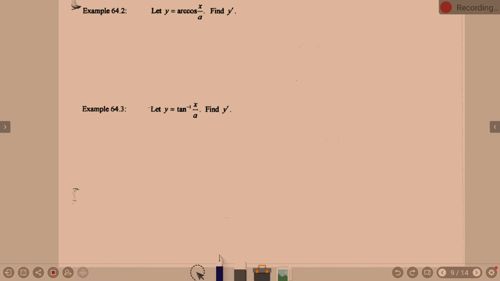Y equals arc cosine of x over a. Find y prime. I'm going to use the same techniques I just did. This one's going to definitely follow what you just saw. So first of all, another way to write arc cosine: y equals cosine inverse of x over a.